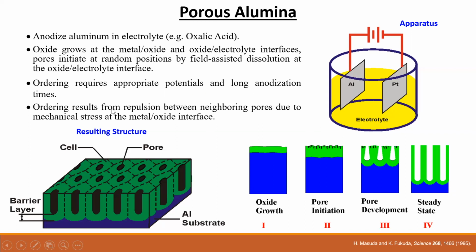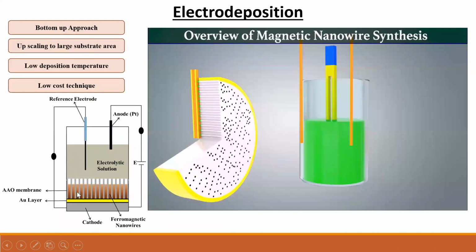Ordering results from repulsion between the neighboring pores due to the mechanical stress at the metal oxide interface. So we will have pores of the order of, say, 60 micron, 100 micron. In the alumina template, we can achieve pore lengths up to 50 to 60 micron.